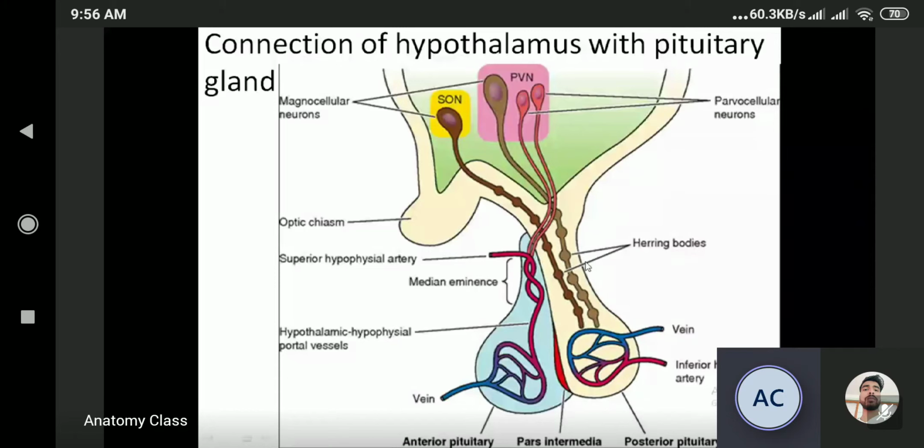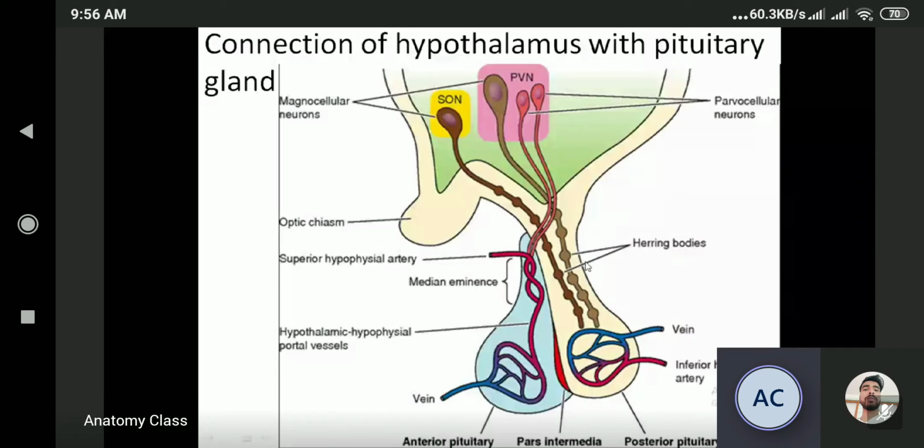The infundibular stalk and so on are there as well. The supraoptic nucleus and paraventricular nucleus of the hypothalamus send axons to terminate at the posterior pituitary, the neurohypophysis. This forms the hypothalamo-hypophyseal tract.